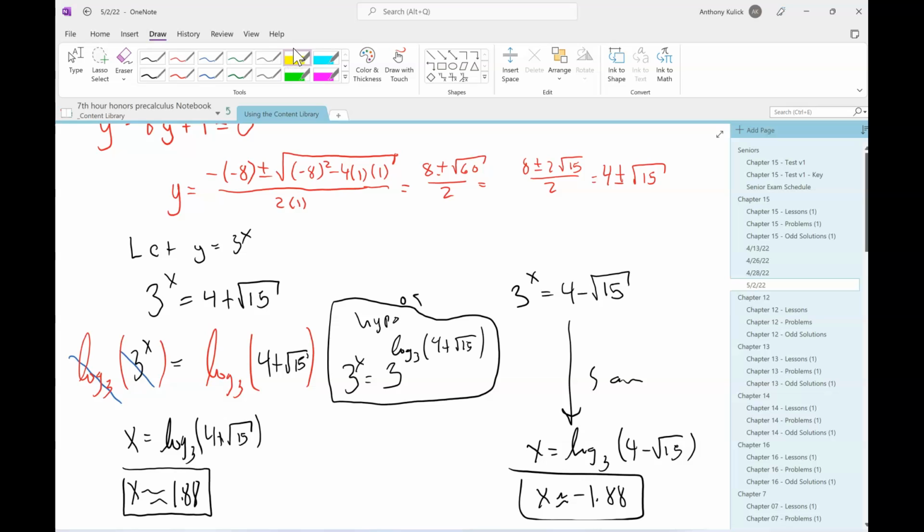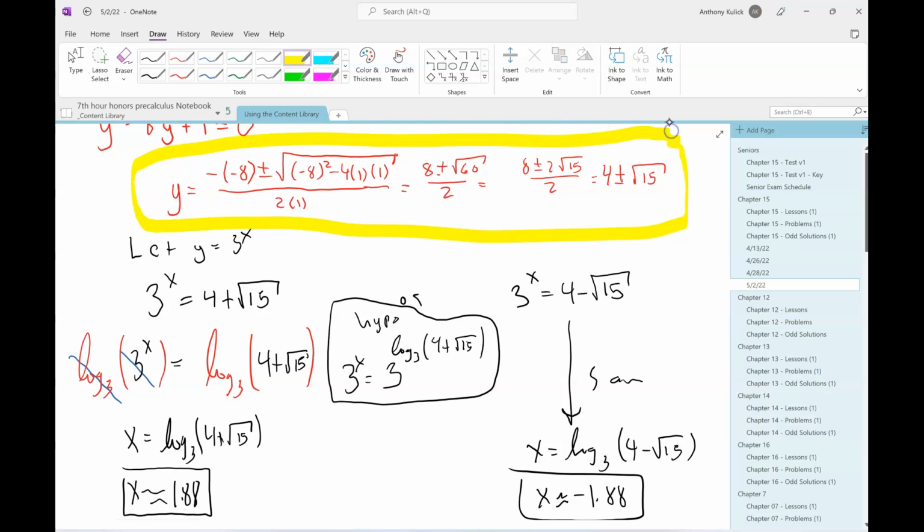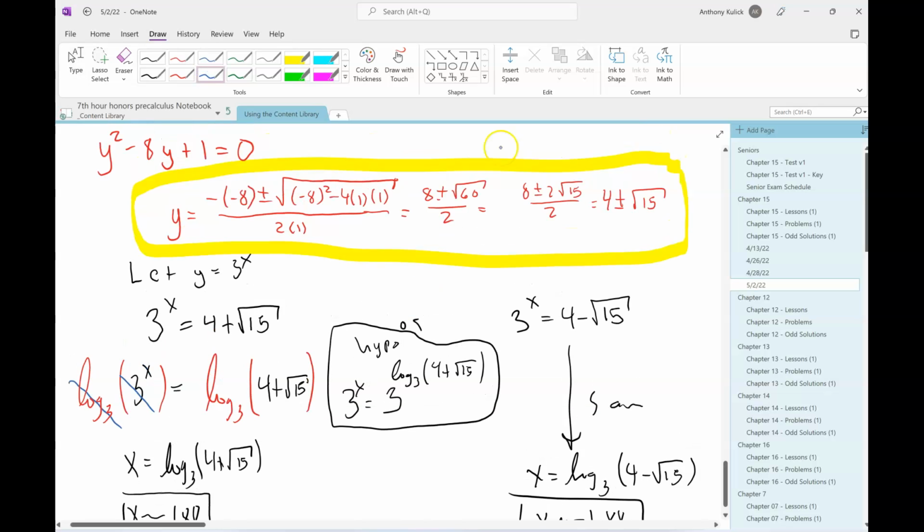Okay. So there's 2 things that could happen. When we're solving the quadratic part, how many answers does the quadratic give us? Right. 0, 1, or 2 answers. So you could get less than 2 answers just because the quadratic gives you less than 2 answers.